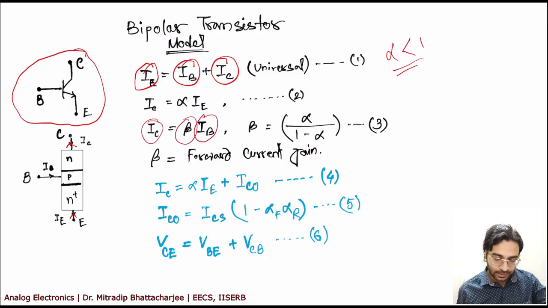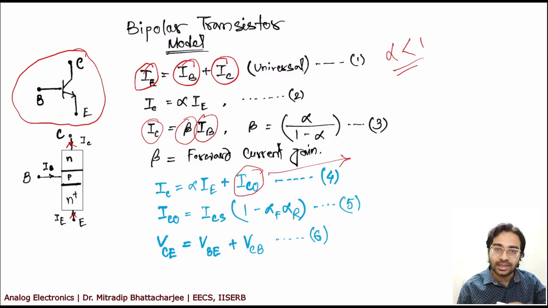I already have explained. For better or more precise calculations, you can consider the ICO, which is known as the collector leakage current. What does that collector leakage current mean?